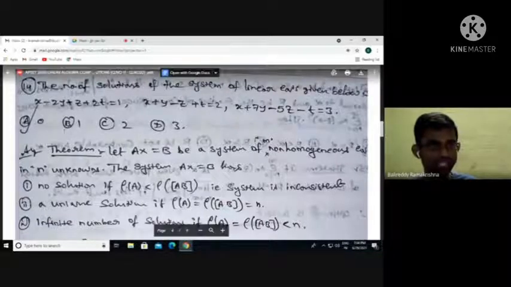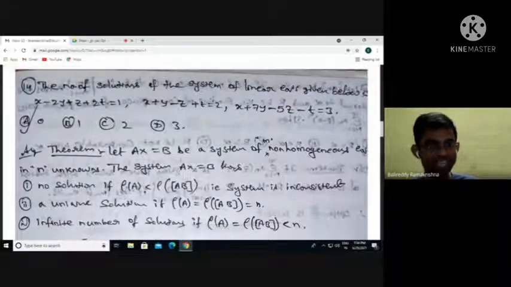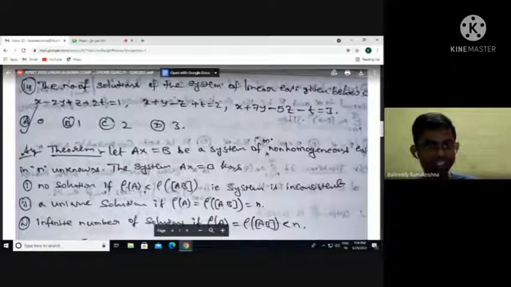And here the question is about finding the number of solutions of this non-homogeneous system of linear equations. So we have standard theorems to solve this problem. First we have to recall the theorem. The theorem statement is that Ax is equal to B is a system of m non-homogeneous equations in n unknowns. Here m represents the number of equations and n the number of unknowns.